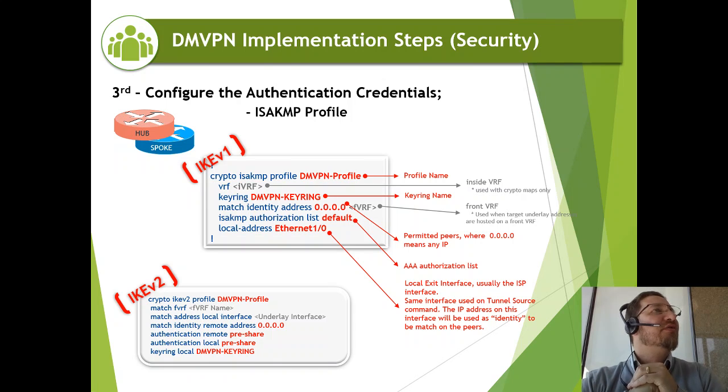The last part of the configuration is the crypto ISAKMP profile that we have here. Pay attention to the VRF parameters, which for inside VRF are under front VRF. Usually the inside VRF is only used for crypto maps.